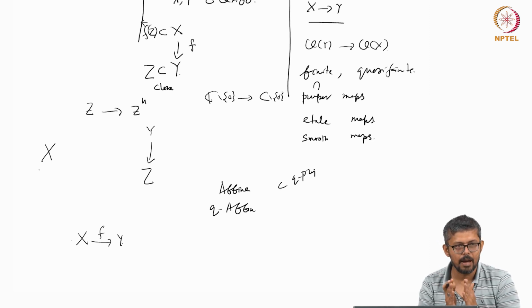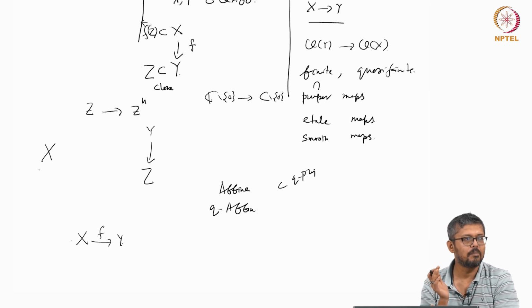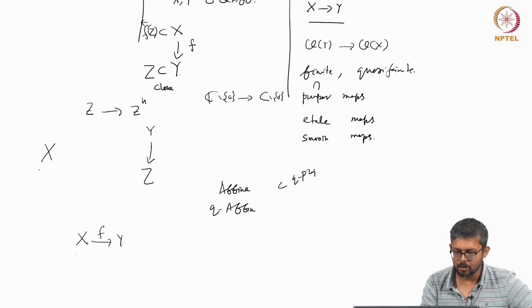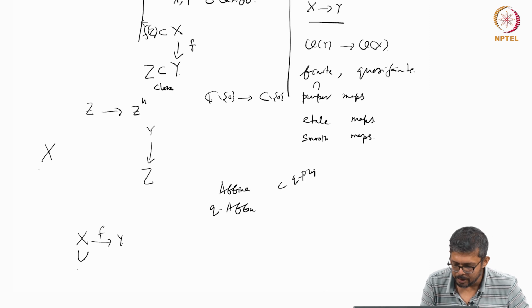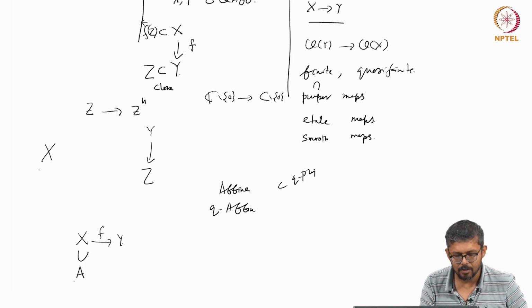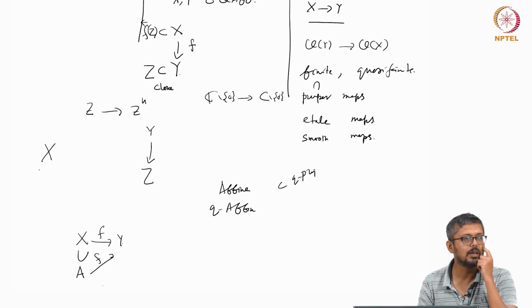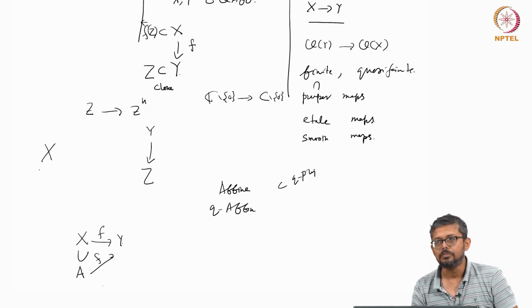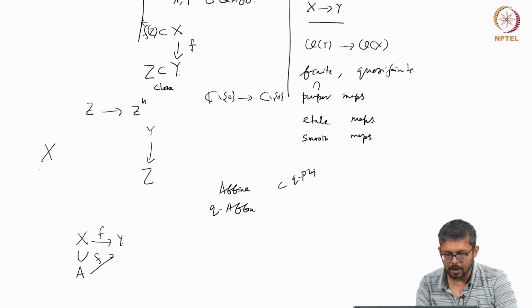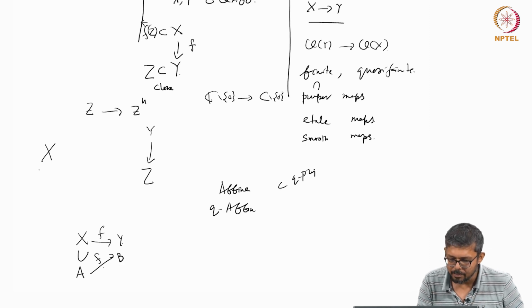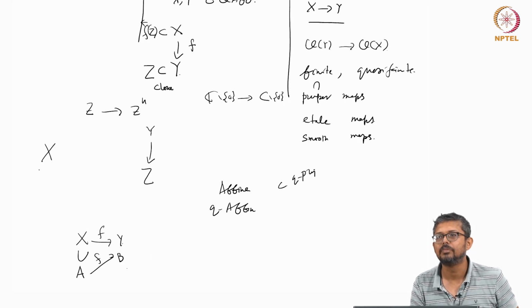Locally, after all, it's a map from affine to affine, right? Pre-variety means there is something A here, or Spec, or some affine variety. So it's a map from A to Y. Then you can further restrict to take the image, and restrict so that it's a map from A to B. They are called affine maps.